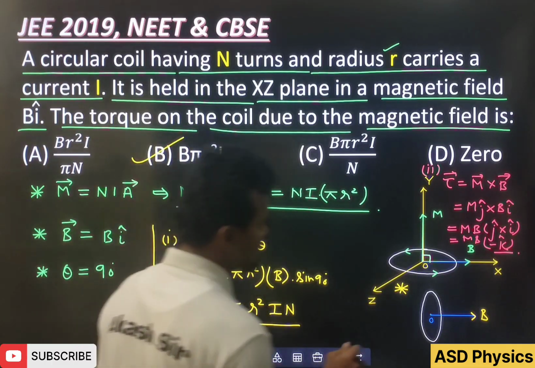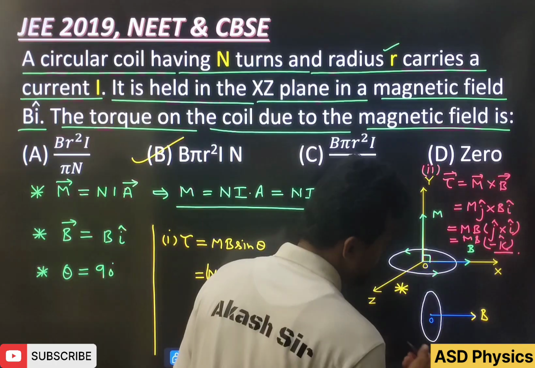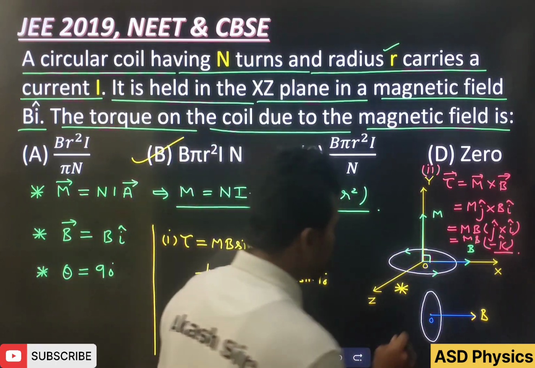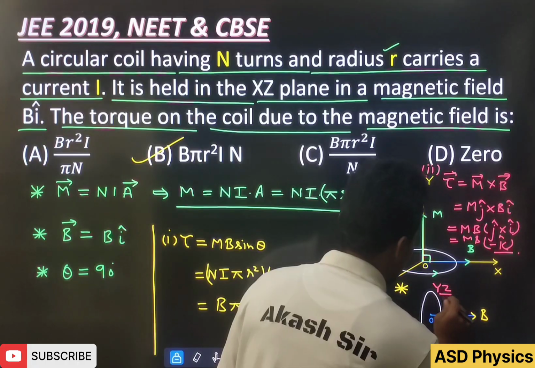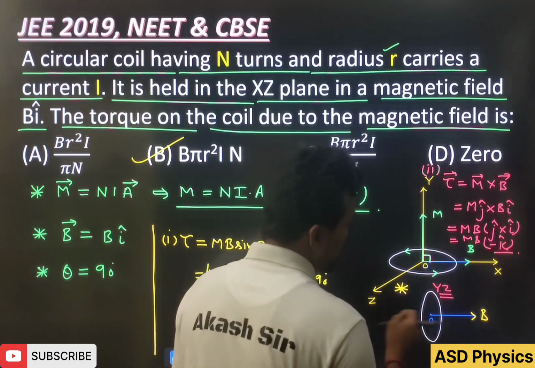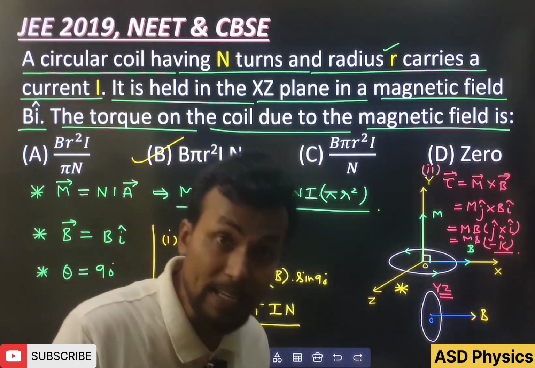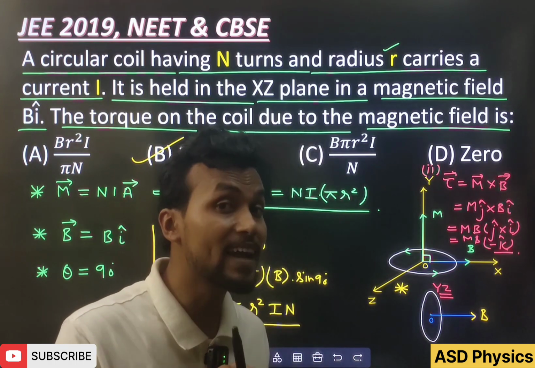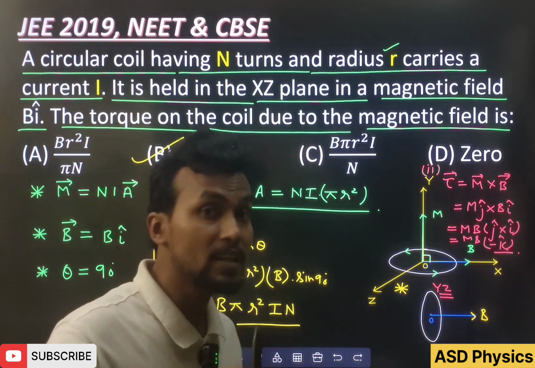So the plane of the coil is perpendicular to the magnetic field. The word is perpendicular, but what is the angle between the magnetic field and the magnetic moment?